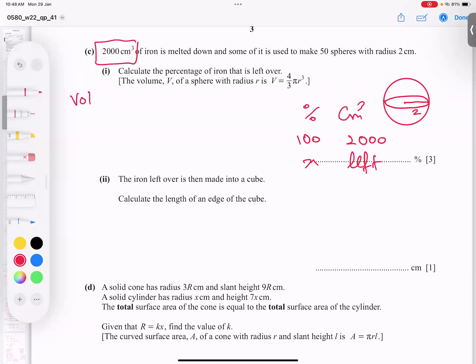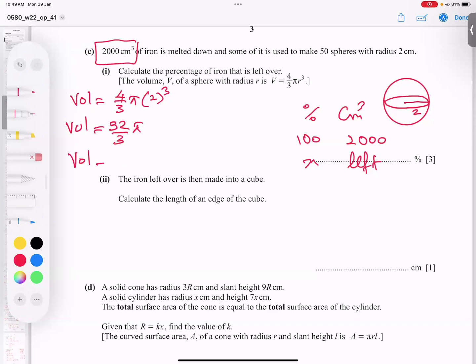So let's find one sphere's volume. The sphere volume formula is 4 by 3 pi r cube, and r is 2, so I'm putting here 2 cube. Let me type in the calculator, 4 over 3 into pi into 8. I'm getting one volume 32 over 3 pi. You can convert into decimal format, but decimal is not compulsory.